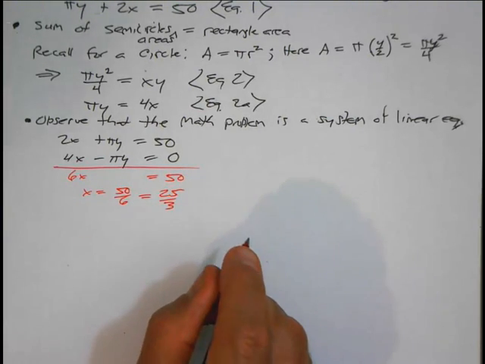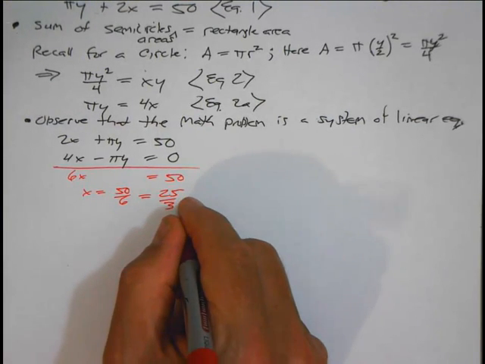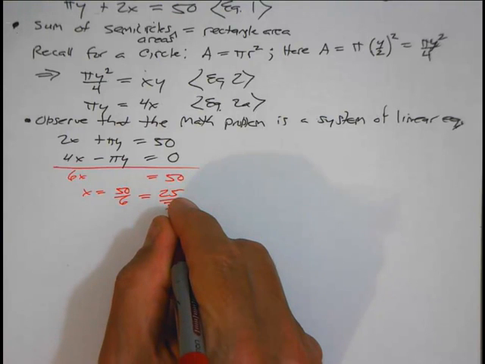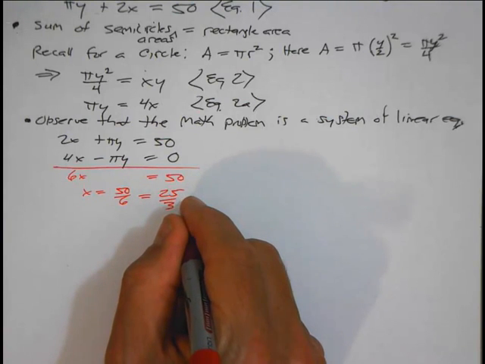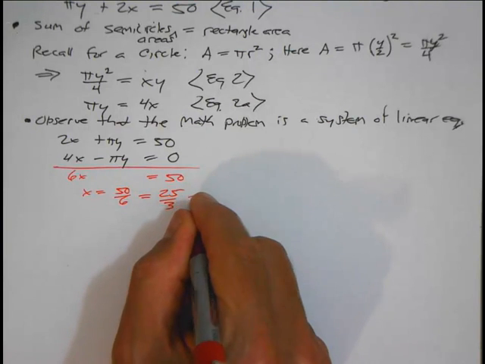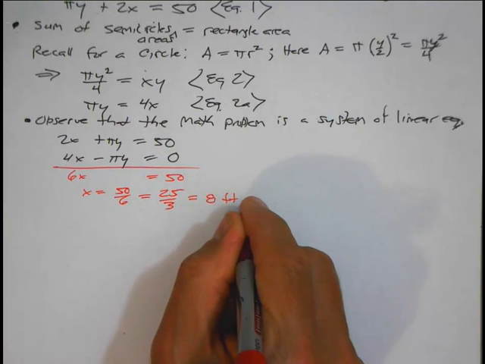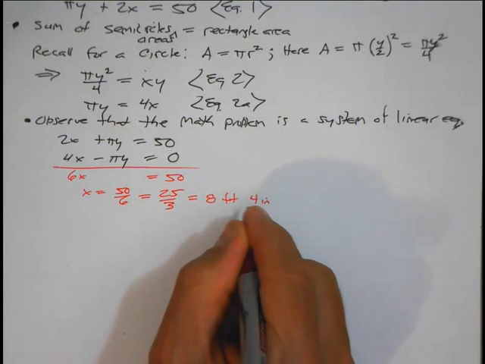Alright. You could probably spot this 25 over 3 as being 8 and 1/3. And since we are eventually to go to inches in the end, you could even say this is 8 feet, 4 inches, exactly.